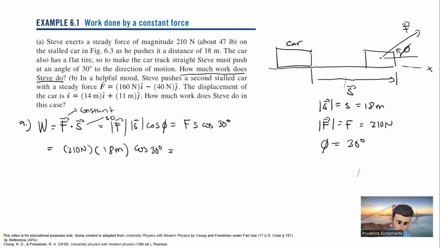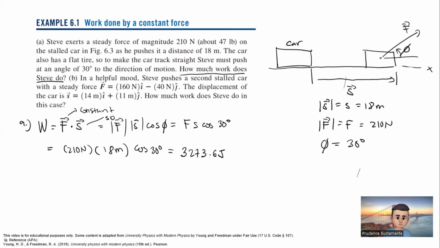210 times 18 times cosine of 30 degrees. So we got 3,273.6 joules. Okay.